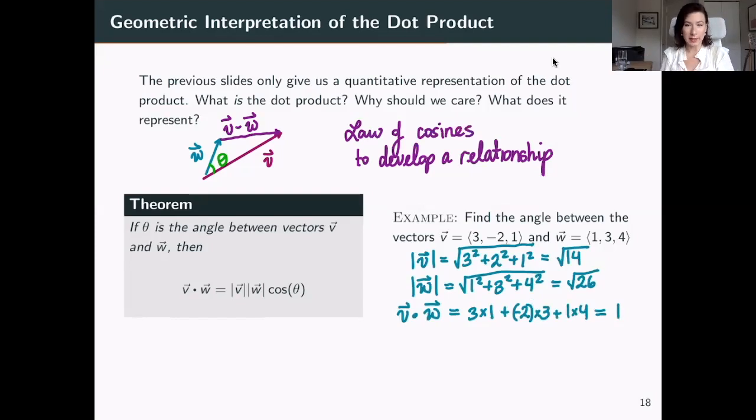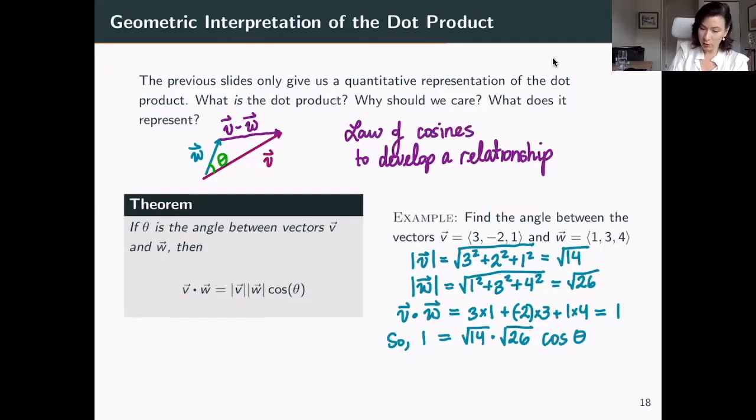Now we can use the theorem. We would have that 1 is going to be equal to the square root of 14 times the square root of 26 times cosine of theta.